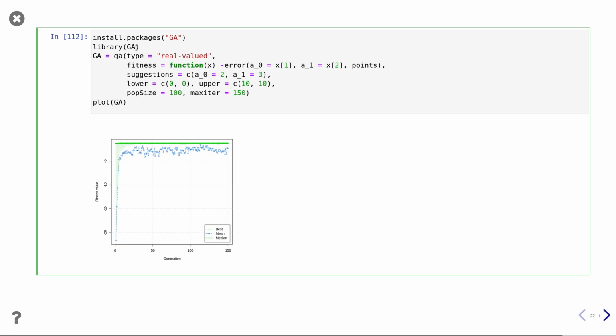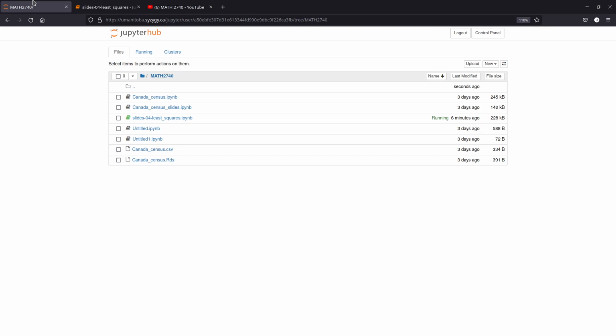So what you're going to need to do is install the package. And to install an R package, you just use install.packages and the name of the package between quotes.